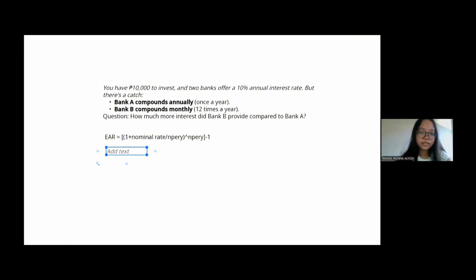So, since Bank B compounds monthly, n per year is equivalent to 12. Raised to 12 again, minus 1.